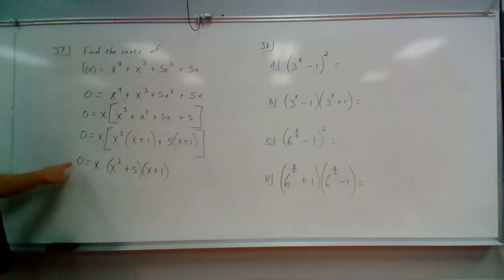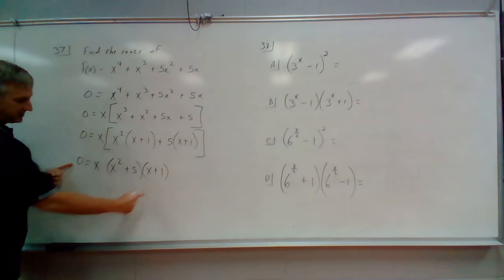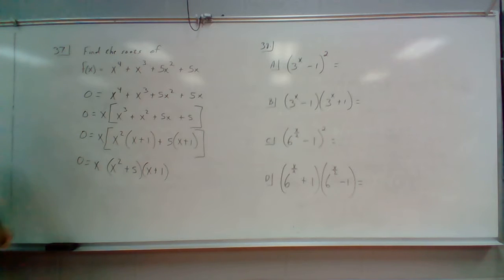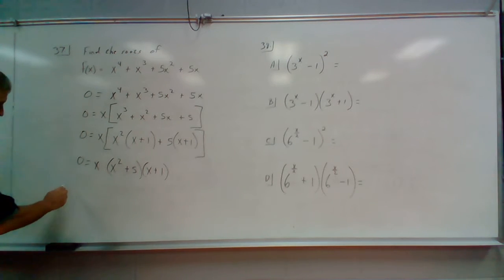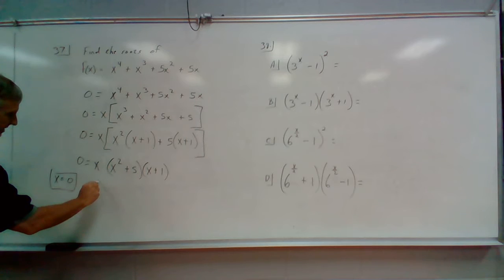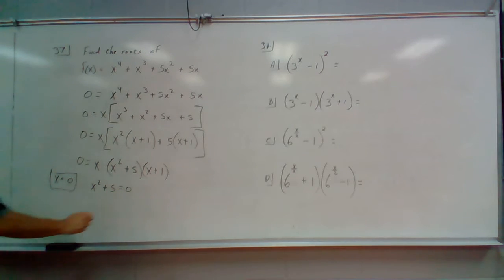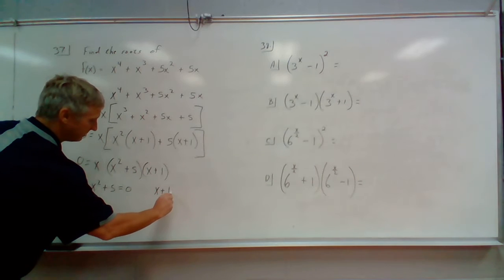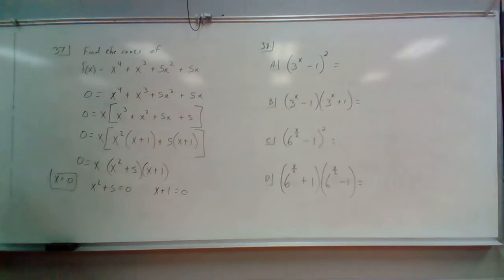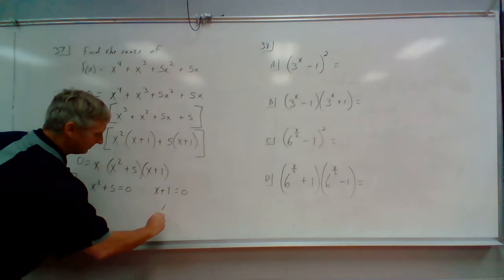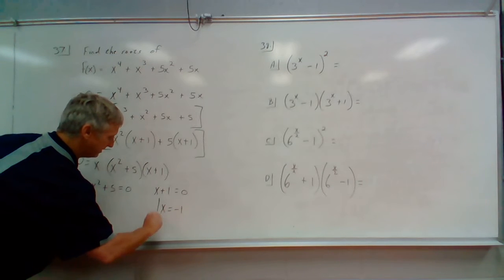If you're multiplying these 3 expressions together and the answer is 0, then any one of those could be 0. So either x equals 0, there's one root, or x squared plus 5 equals 0, or x plus 1 equals 0. So this would be x equals negative 1.